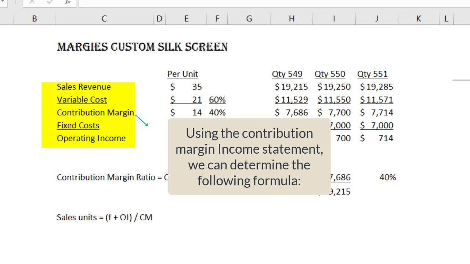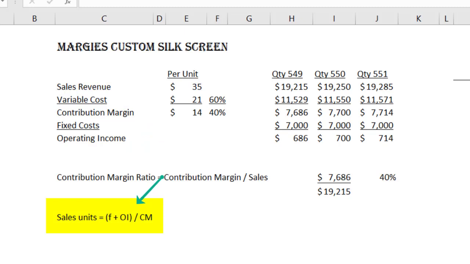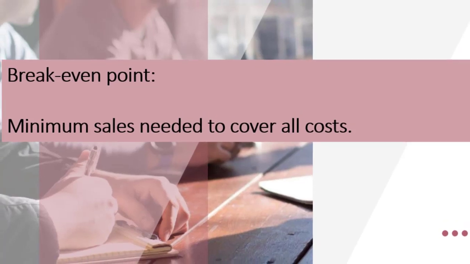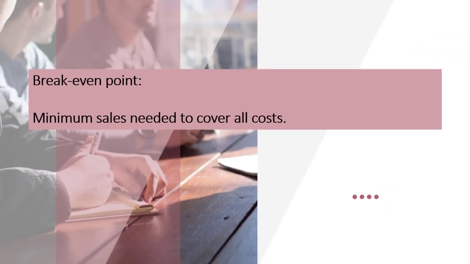We can determine that sales units must equal the fixed cost plus the operating income divided by the contribution margin. When we use this, we can make a lot of analysis, and one of the key analyses we can make is called break-even point. The break-even point is the minimum number of sales needed in order to cover all costs. This is a really important number to understand for the management team.